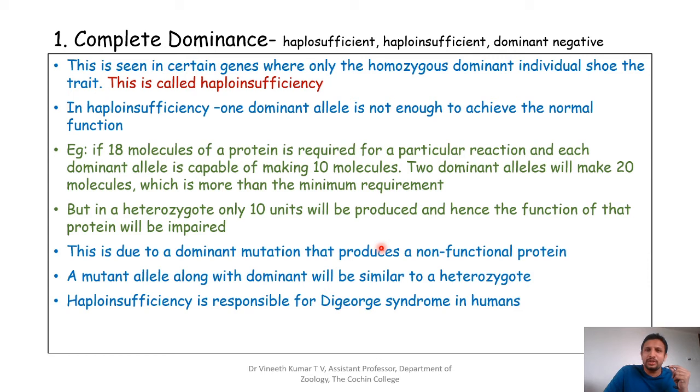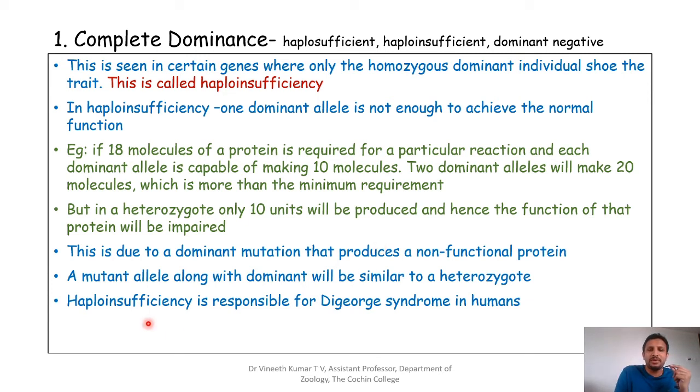So it is just the opposite. You should remember that the homozygous mutant and the heterozygote will have the same phenotype, rather than the normal dominant inheritance suggested by Mendel.